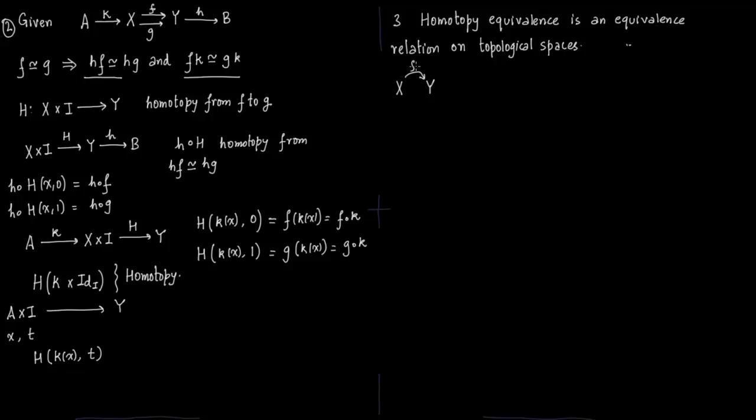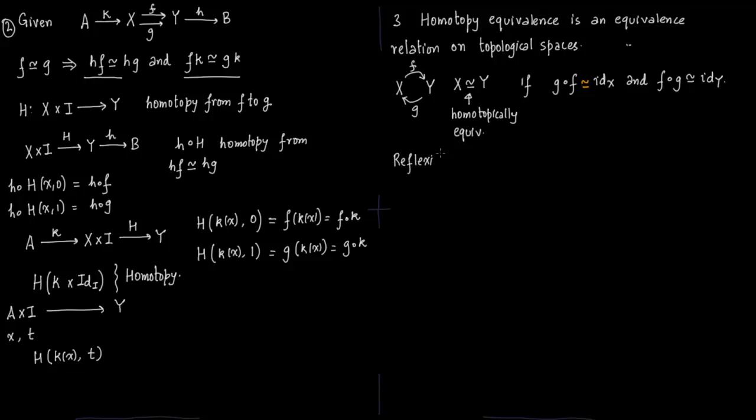You have a map f which goes from X to Y, and you have a map g which goes from Y to X. So homotopy equivalence means that you have homotopic maps: you first apply f and then you apply g, this should be homotopic to id on X, and if you first apply g and then you apply f, this should be homotopic to id on Y.